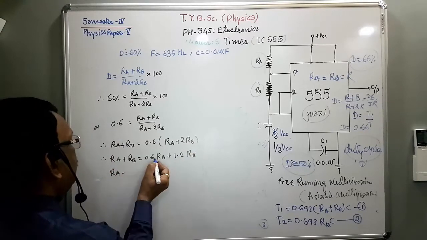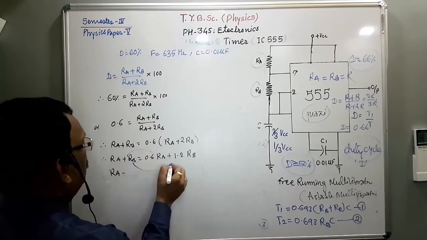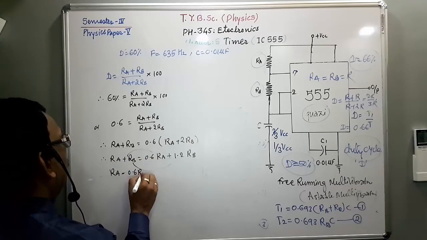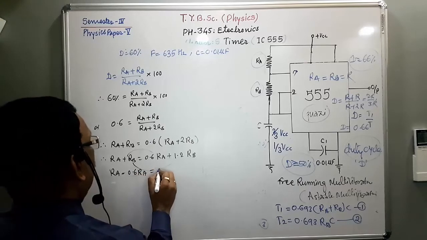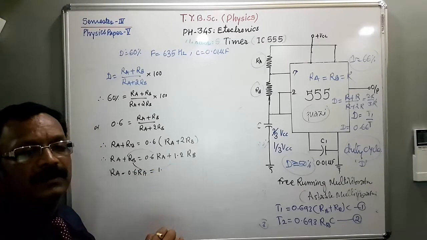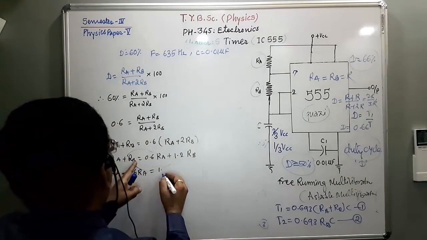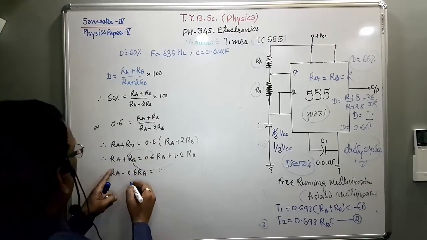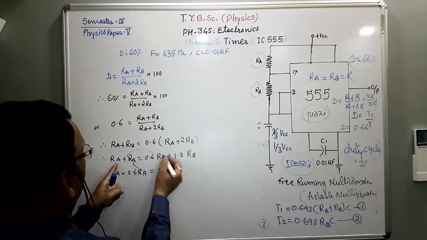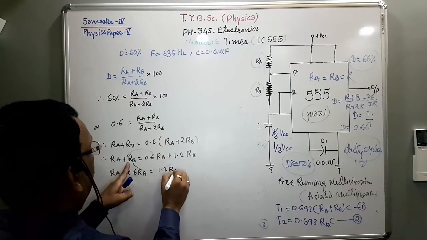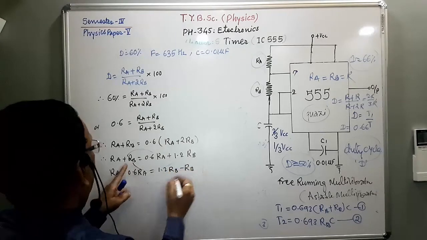We have RA minus 0.6 RA is equal to 1.2 RB minus RB.